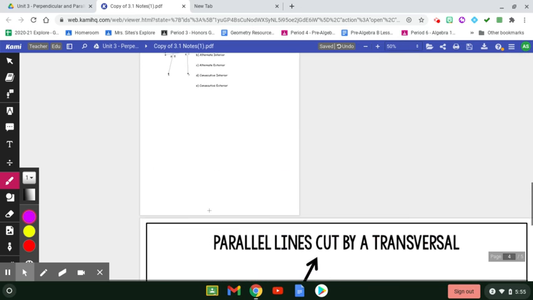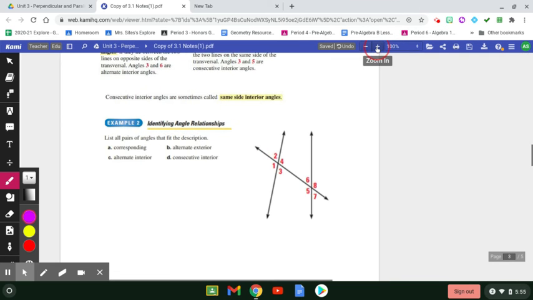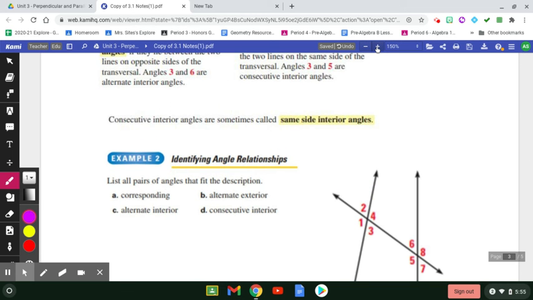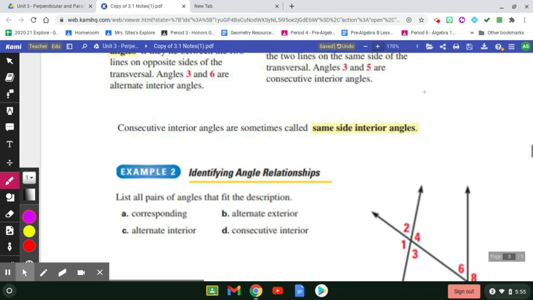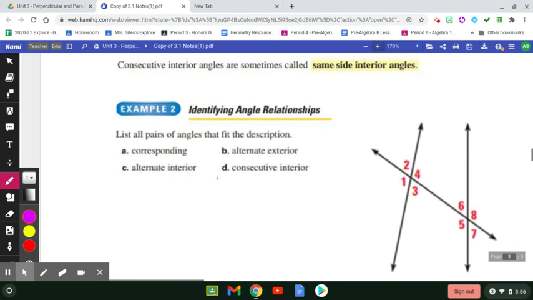All right, let's go back to our notes, and we're now going to start identifying the relationships that we see through the angles. Okay, so right now, guys, let's take a look at example 2. It says to list all pairs of angles that fit the description. Okay, so let's take a look at part A. Part A says we want to list all the angle pairs that are corresponding.